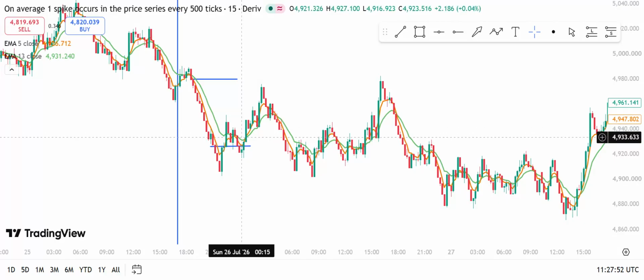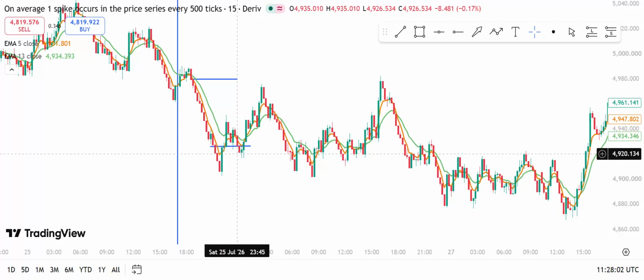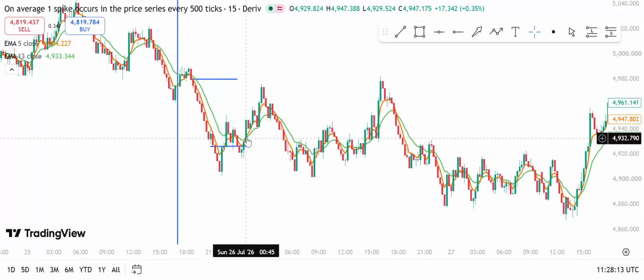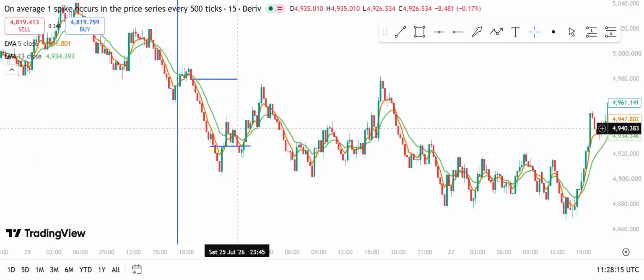Then again, the market is trying to go down here. You wouldn't have entered here because clearly there's something that's happening. So you would have waited for the market to first come and tap into this gap and actually give you a solid bearish reversal.